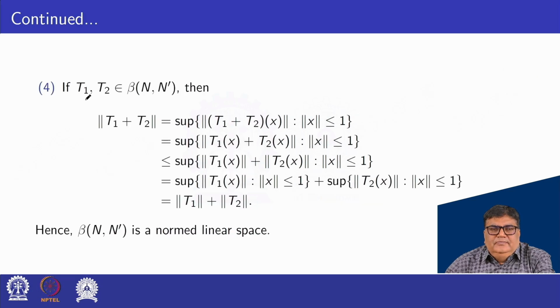Fourth condition: if T1 and T2 are elements of B(N, N'), that is, T1 and T2 are bounded linear transformations, then norm T1 plus T2 is equal to the supremum of norm (T1 plus T2)x, such that norm x is less than or equal to 1.